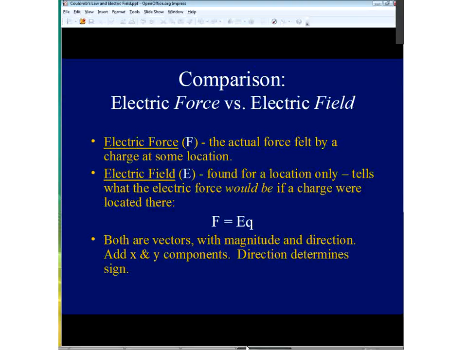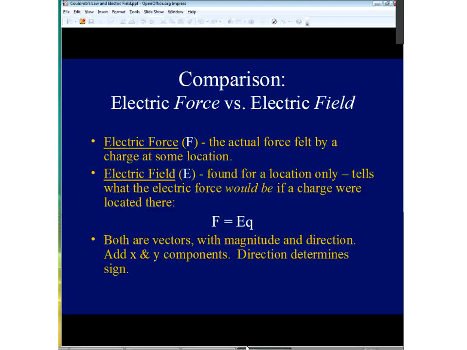If Q has got negative sign, then vector F and vector E will be opposite. If Q has got positive sign, then vector F and vector E will be in the same direction.